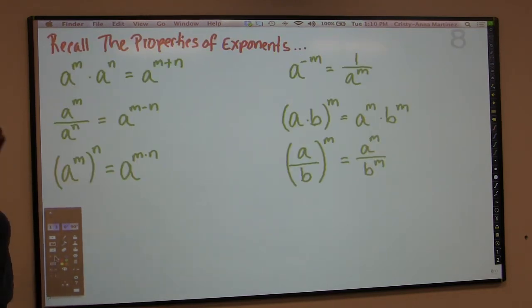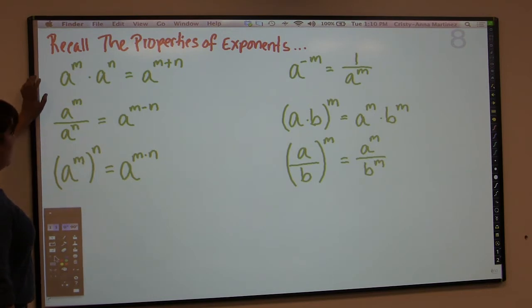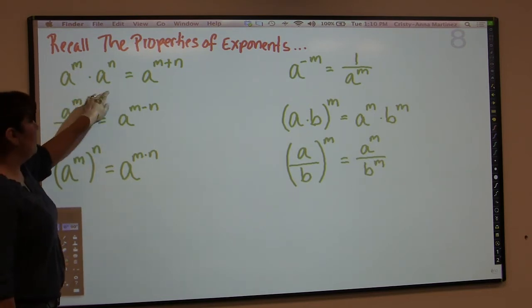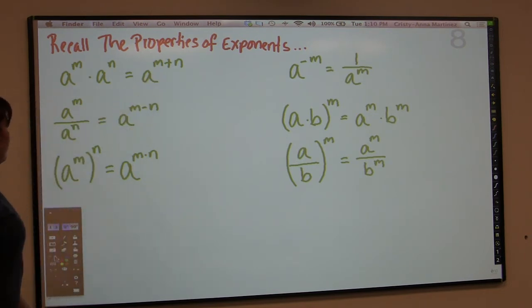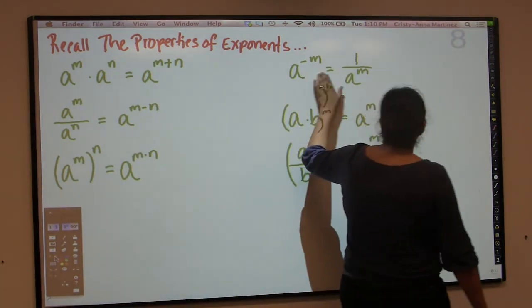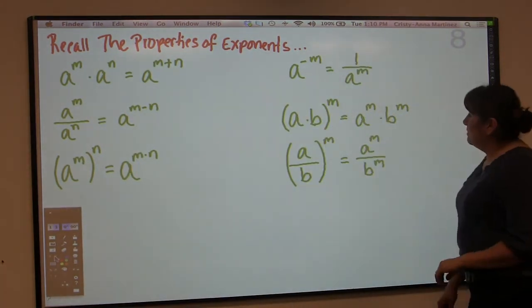Okay. So here are the properties of exponents in case you have forgotten them. These are the properties that we did in Algebra 1 back in the day. So I just want to remind you what they are. If you have the same base and you're multiplying, then you add the exponents. If you are dividing the same base, you subtract the exponents. Here's the one we talked about earlier. If you have a power raised to a power, you multiply the exponents. If the exponent is negative, you reciprocate it, so it goes to the bottom.